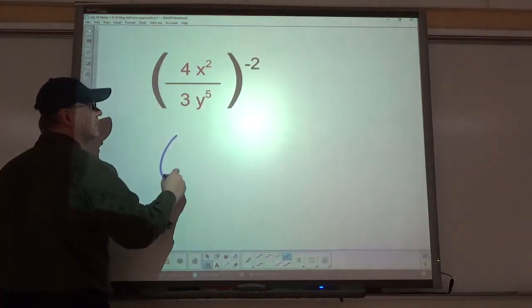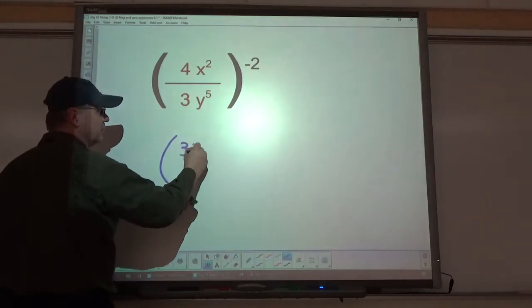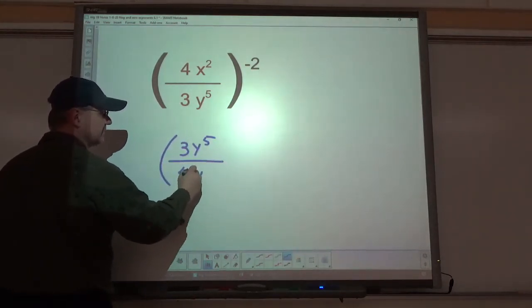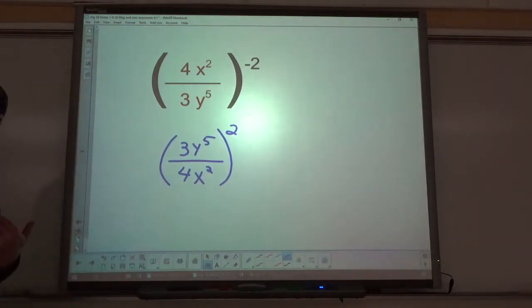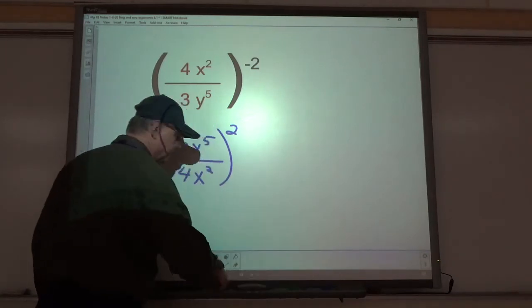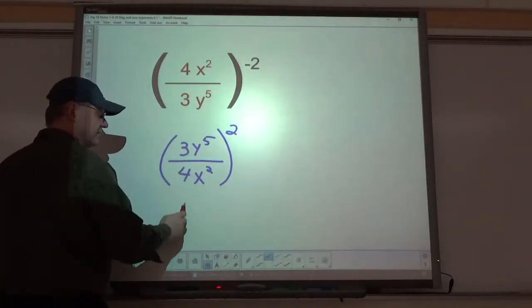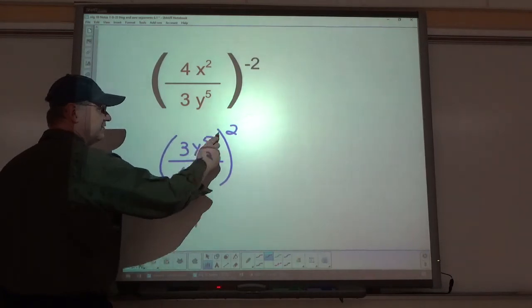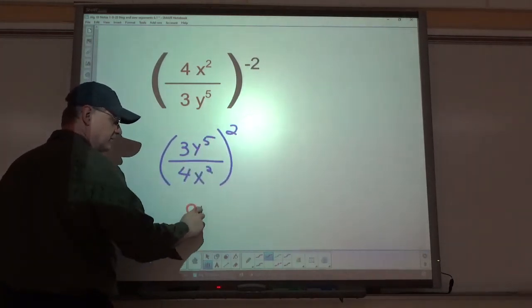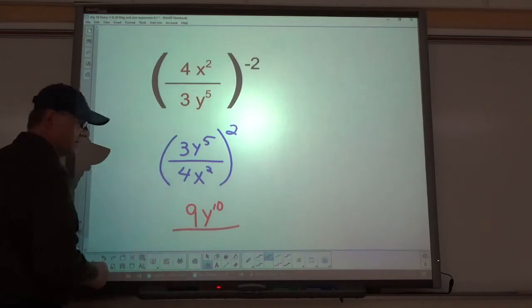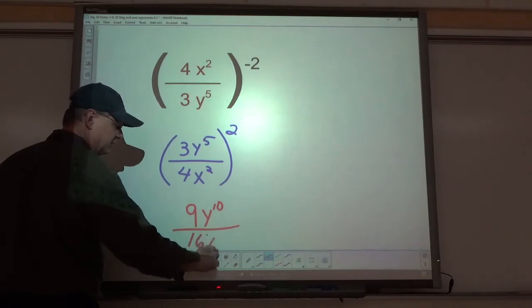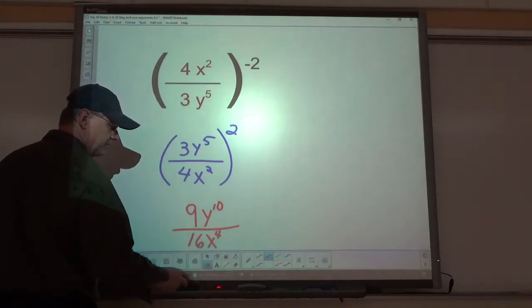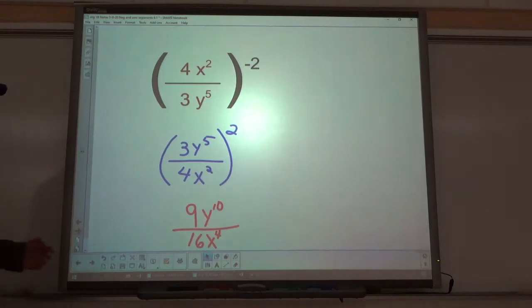So for example, I flip this over, 3y to the 5 over 4x to the 2, and that changes that sign to a positive. Now apply the power. 3 squared is 9. Y to the 5th squared, remember multiply exponents, y to the 10. 4 squared is 16. X squared squared, I multiply the exponents, x to the 4th. And there's my final answer. There's no reducing possible here, so I am all done.